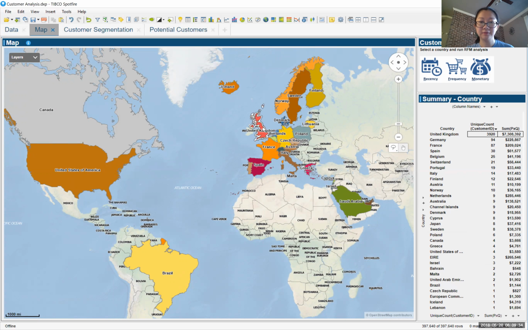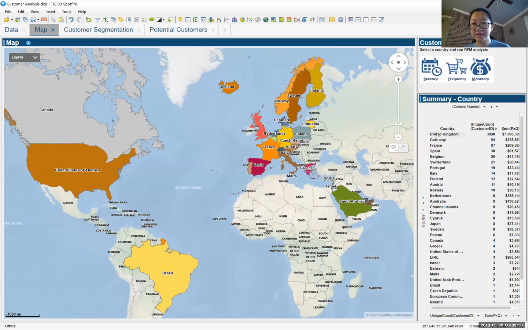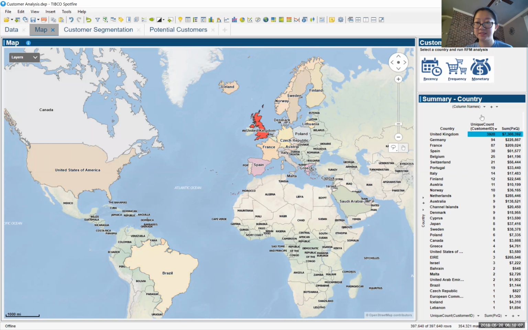I can summarize my customers by country, looking at how many unique customers I have and what the total volume is, which is the total of my price multiplied by my quantity. Typically sorting it, I would say the United Kingdom is my top country having transactions. So let's deep dive into the United Kingdom.